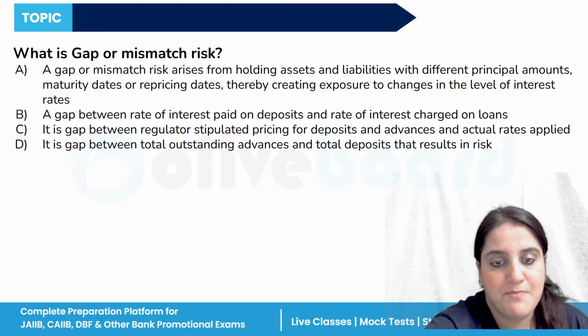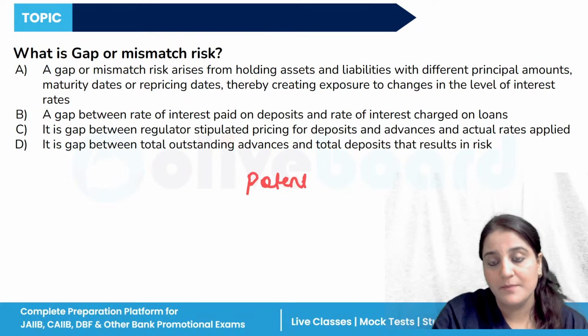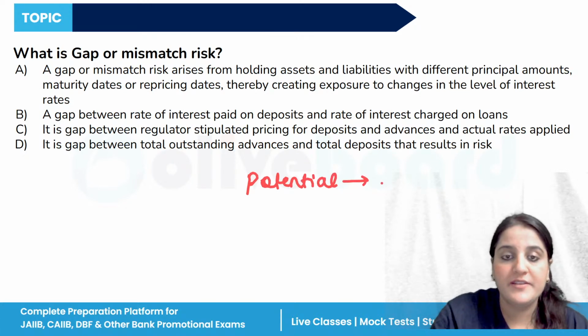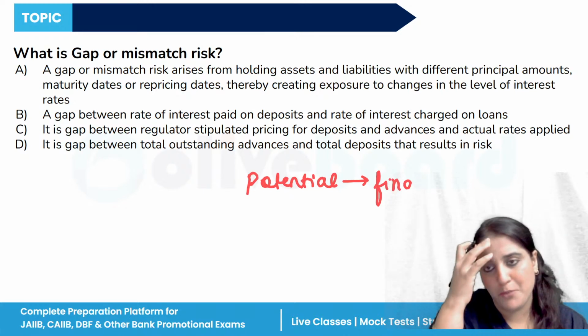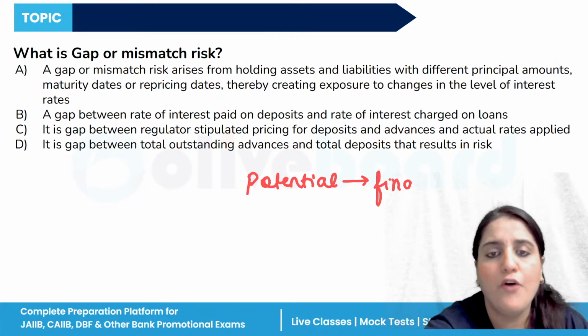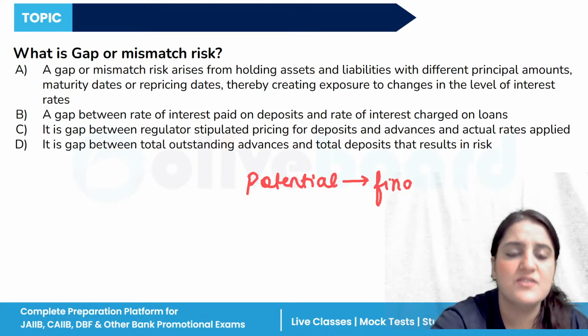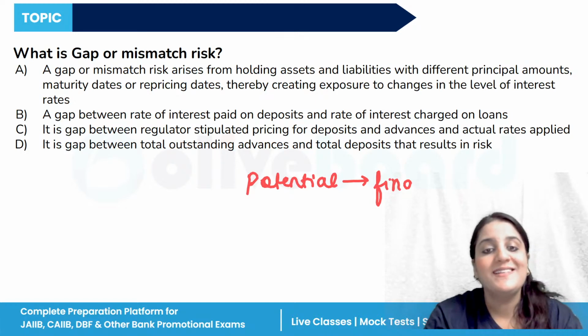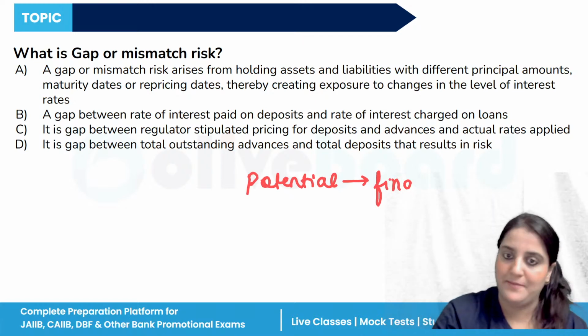Okay, gap or mismatch risk. Gap or mismatch risk is basically the potential for financial losses which arises from the differences in the timing of cash flows related to the assets and the liabilities.